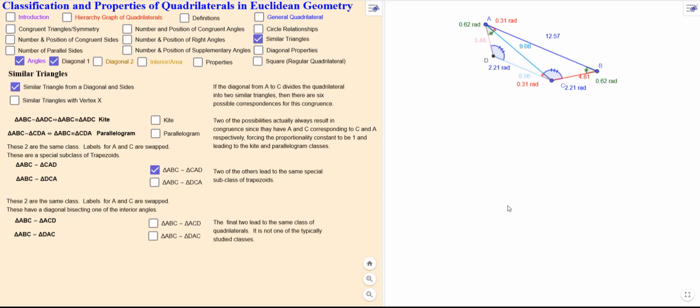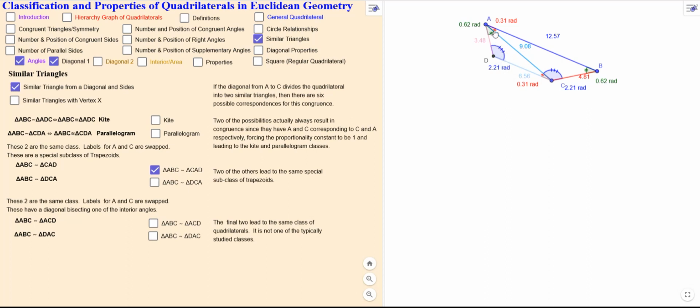Well, if you look at these two consecutive angles, the interior angle at A, the big angle, that's angle BAD. It's made out of the red one and the green one together. And then we have a blue one down here. Well, red, green, and blue are going to always add up to pi radians or 180 degrees.